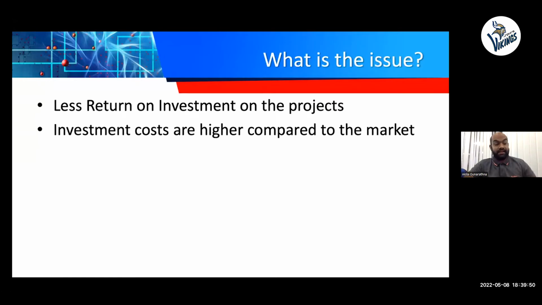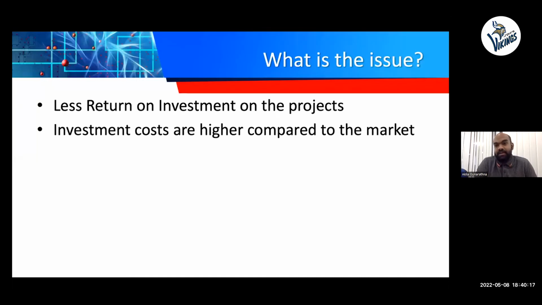And another reason I can tell you is that the investment costs in these projects are very high compared to market prices. It can be infrastructure development like highways and all, different structures being built, but costs are very high.